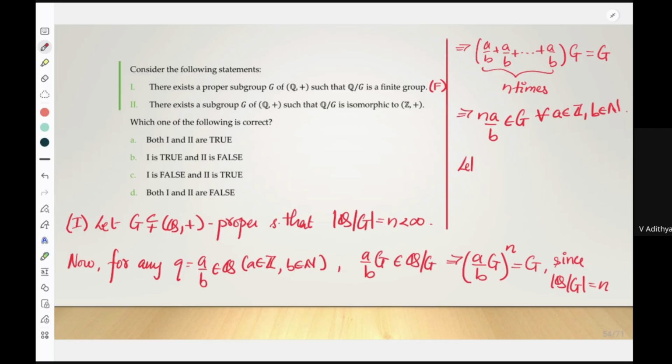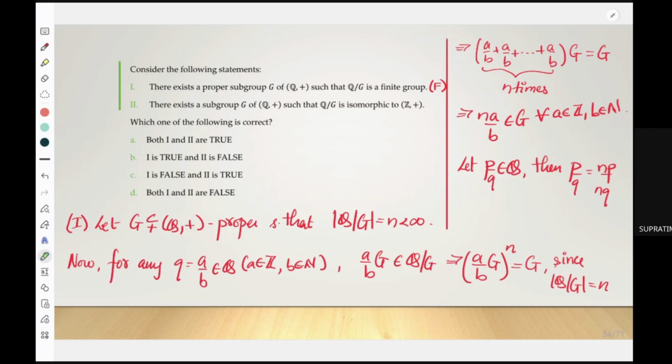So now let p by q belong to Q. Then p by q can be written as np by nq, both are the same. So now np by nq is of this form, right? Is it clear?